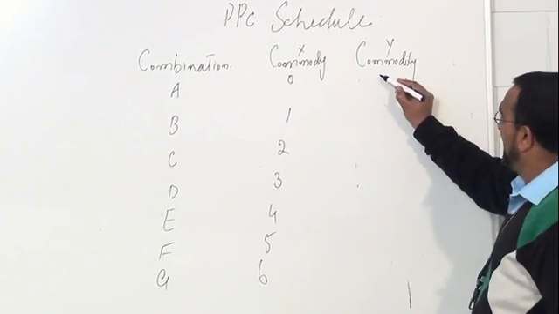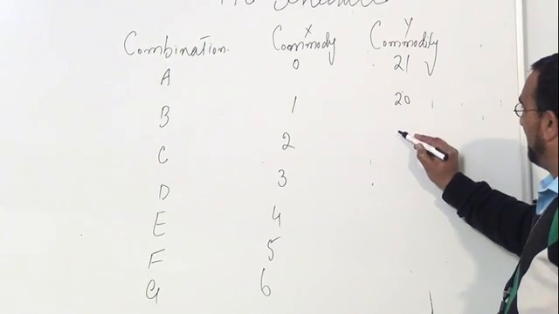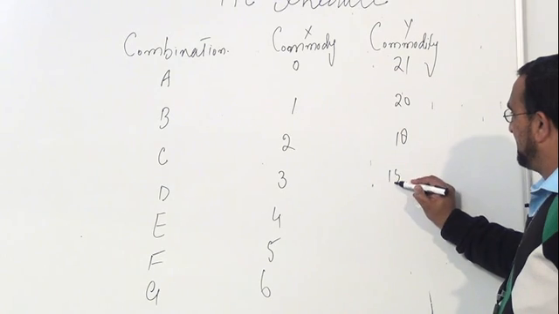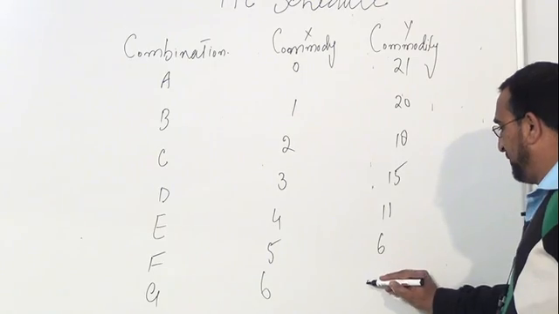Then commodity Y is 21, 20, 18, 15, 11, 6 and 0.